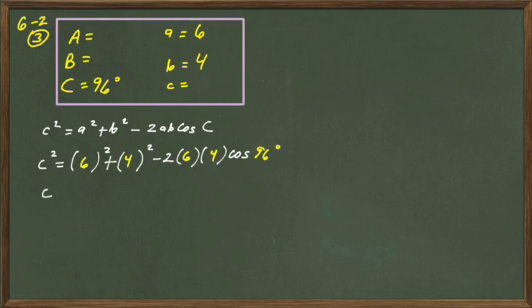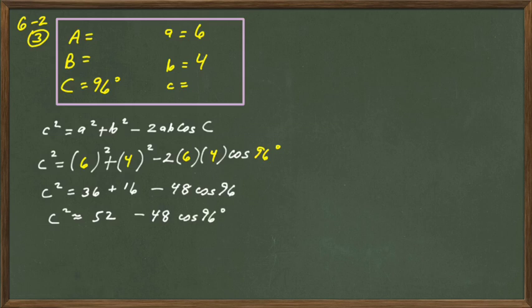At this point, I'm going to punch this all into my calculator. 36 plus 16, I think, is 52. That's 8 times 6, which is 48. Cosine 96 minus 48. Cosine of 96 degrees. So this is going to give me some decimal.